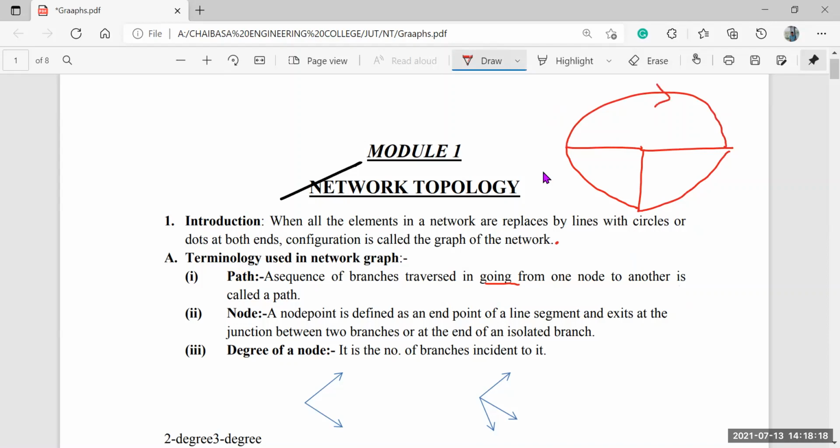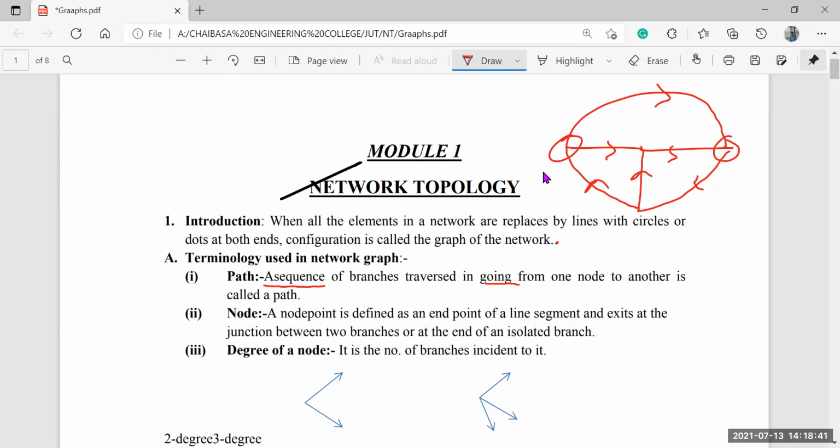So this is one node. This is another node. So this is your path.